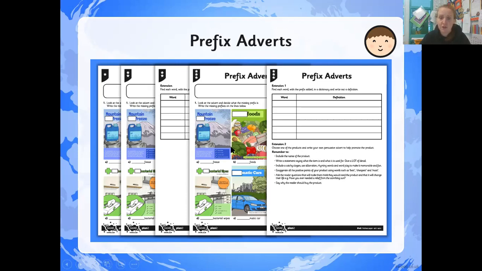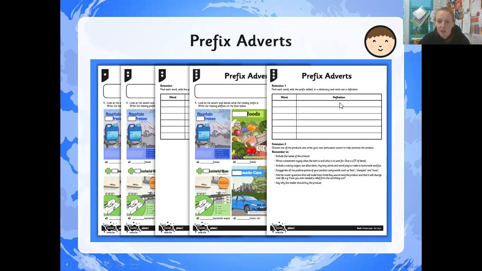Jacqueline Wilson, you're also doing the adverts and you're also doing the word definition, but you've got an extra extension here, and it says choose one of the products and write your own persuasive advert to help promote the product. So you are doing a piece of writing for me, which is asking you to promote it, to make people want it.